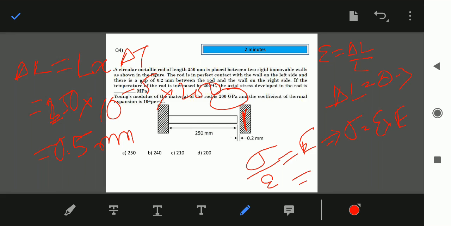So sigma will be 0.3 into 200 divided by 250. On solving, it comes out to be 240 megapascal. So the correct option is option B.